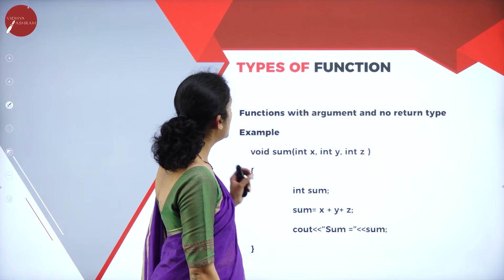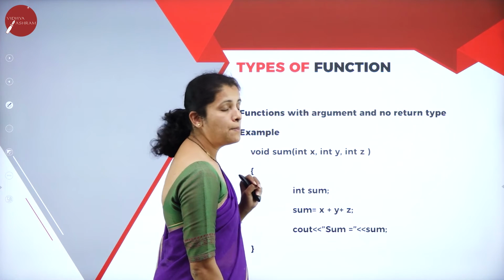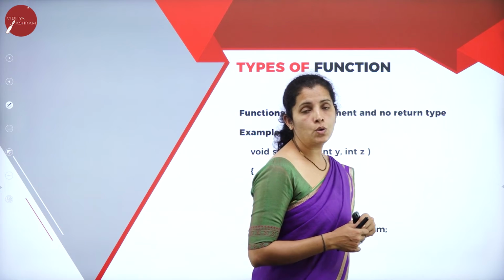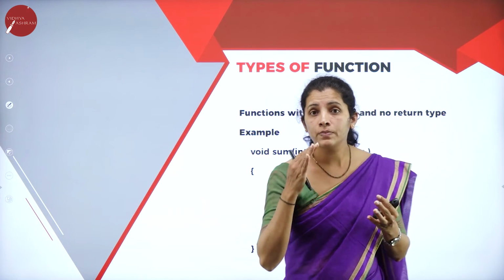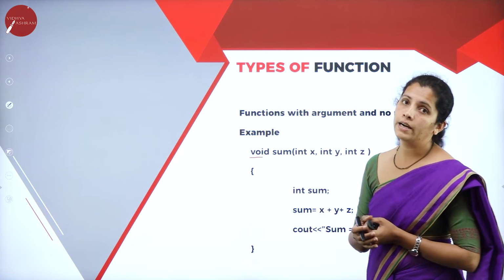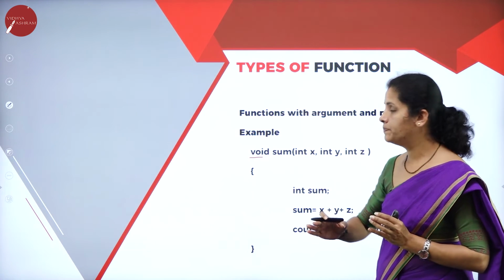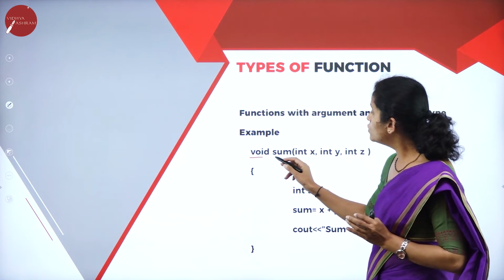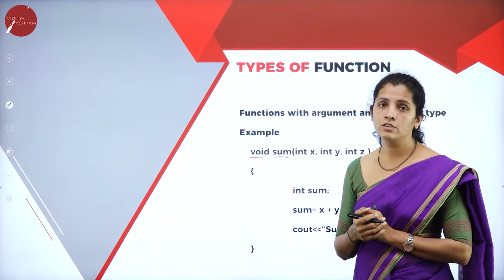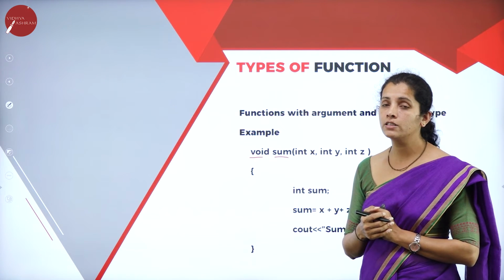Moving further, I'm going to have the example for this type. As in the syntax, it does not return any value, for that reason it is void. Then I want to specify the user defined function name. What is the user defined function name here?